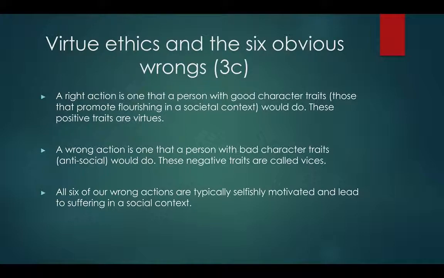Similarly, look at the second point, a wrong action is one that a person with bad character traits, and bad being defined as antisocial, would do. So these negative traits are called vices. All 6 of our wrong actions are typically selfishly motivated and lead to suffering in a social context. So again, there's some overlap with the utilitarian.